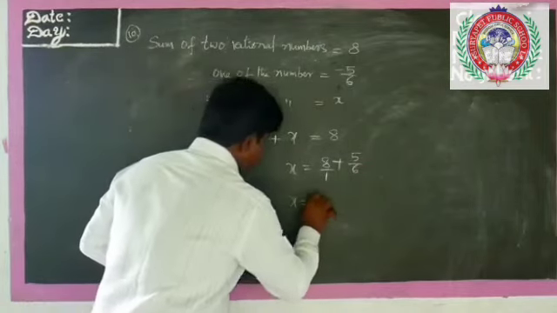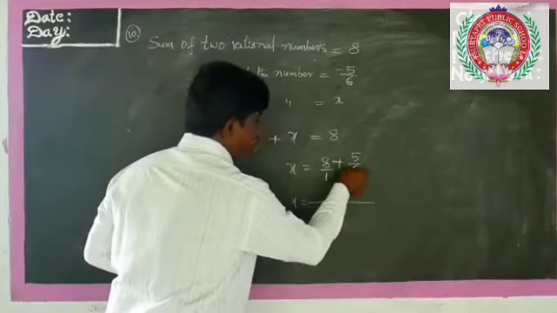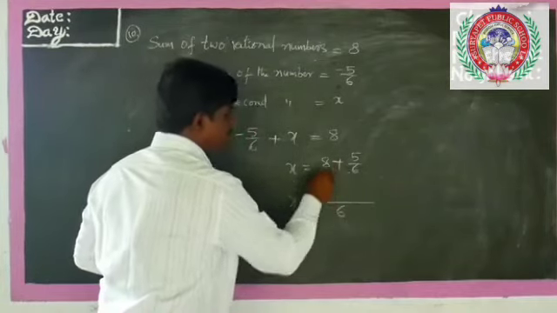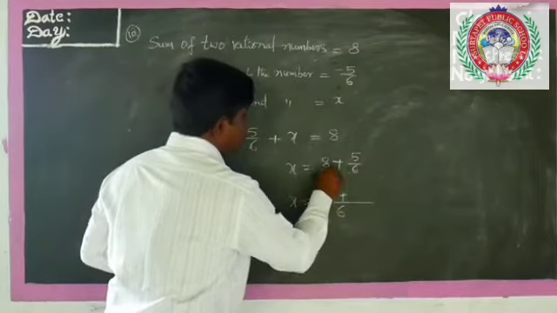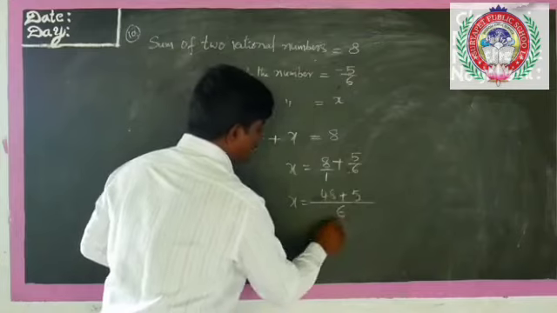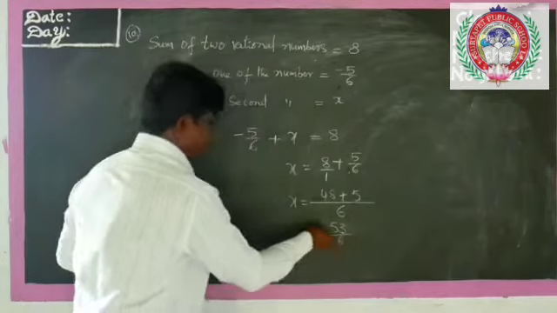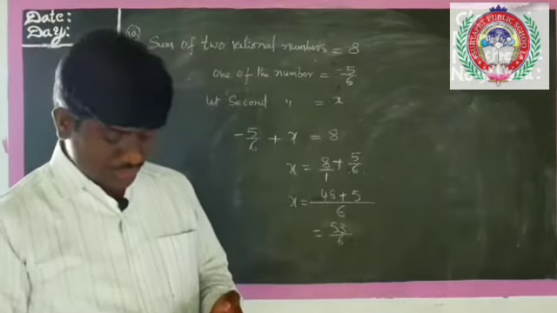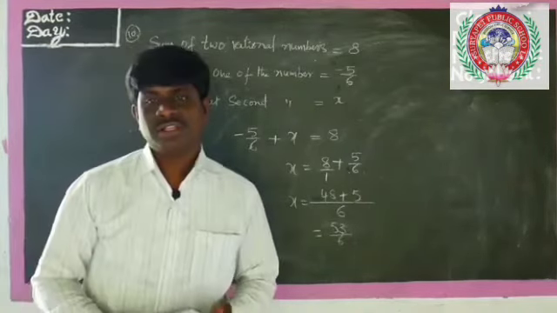Next, x equals whole divided by 6 1s are 6. Apply cross multiplication. 6 8s are 48 plus 1 5 is 5. So 48 plus 5 is 53, divided by 6. This is the second number. So in this way we can find the second number also, right?